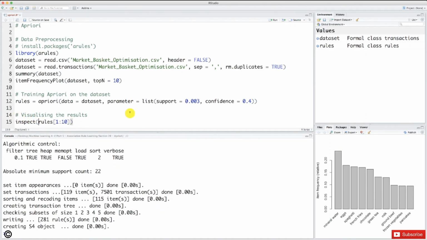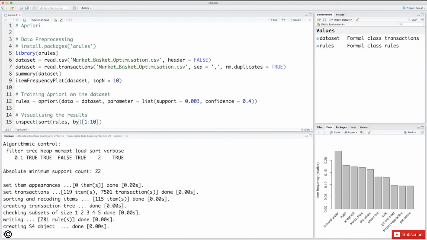So let's do this. We need to add another function here, which is the sort function, which obviously is used to sort any table by a decreasing or increasing variable. So actually the first argument of this sort function is rules, which contains all the rules found by our apriori model. And then the second argument is by, which tells by what we want to sort the rules.